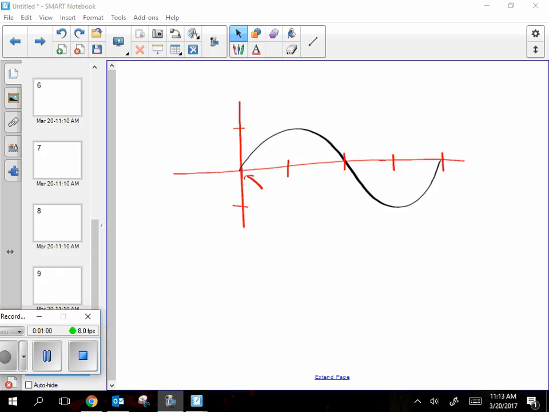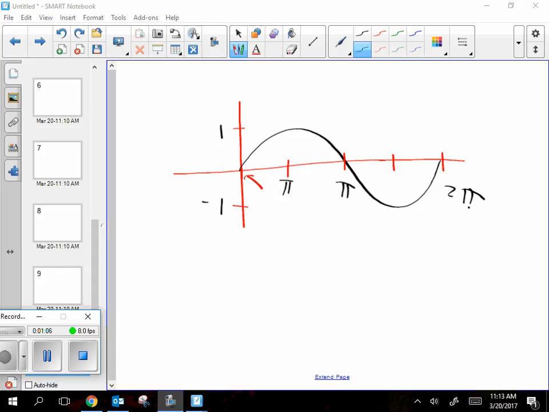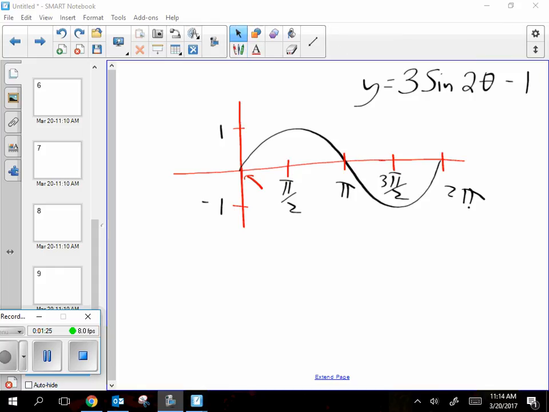Okay, so here's the classic: 1, negative 1, 2 pi, pi, pi over 2, and 3 pi over 2. Those are the main ones you need to know. Raise your hand if you had those all dialed in. Okay, good. Then, if I asked you to change this to y equals 3 sine of 2 theta minus 1, I'd like you to make all the changes necessary to do that.